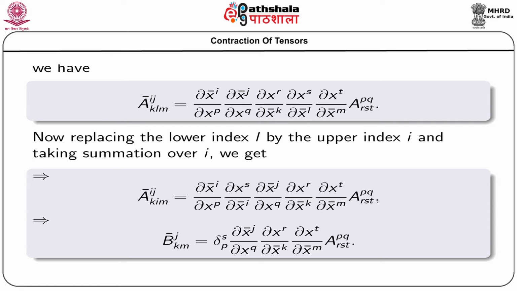So they are the new components B r j k m equals to del s p. From the first two factors of the previous expression, we get del x s p, and then the last part del x bar j, del x q, del x r, del x bar k, del x t, del x bar m, A p q r s t.